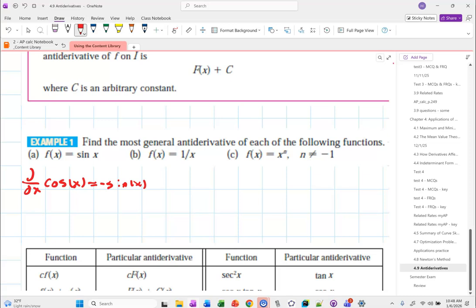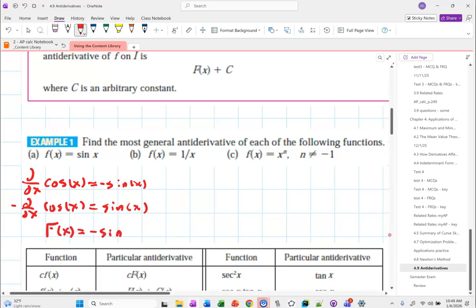So if I just divide the negative sign over, the derivative of negative cosine is sine. And because it asks for the general antiderivative, we tack on a plus c.